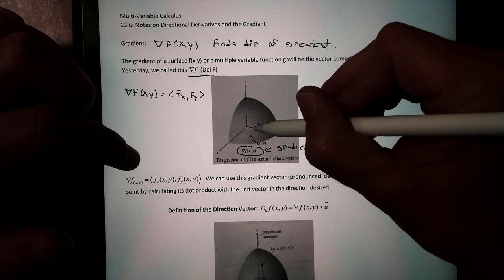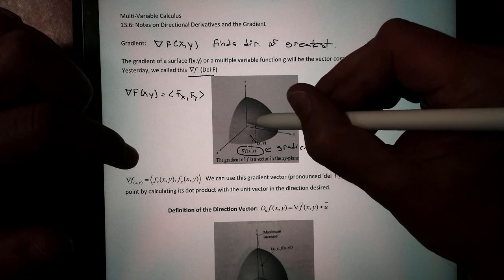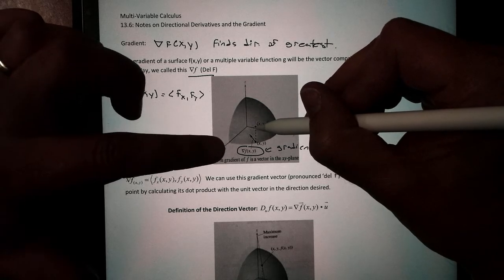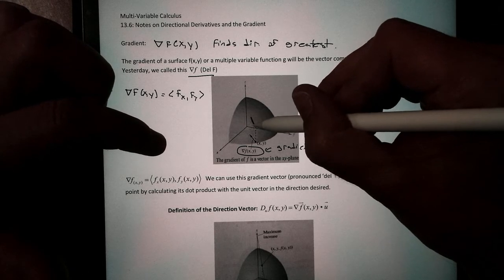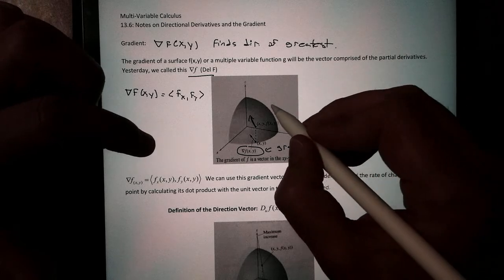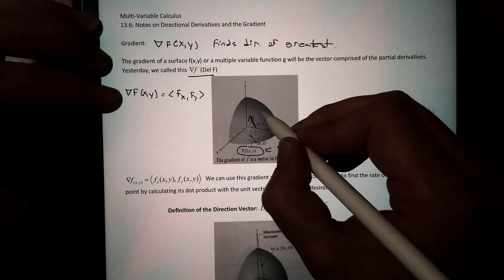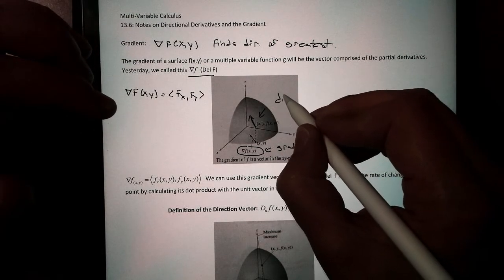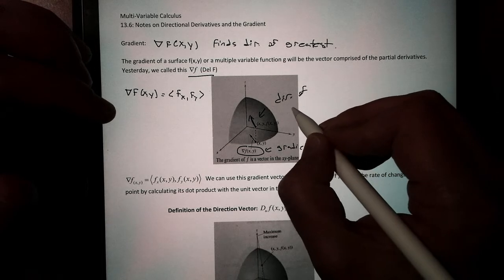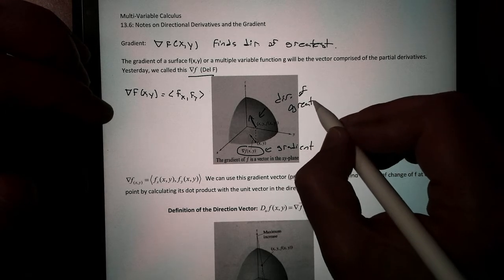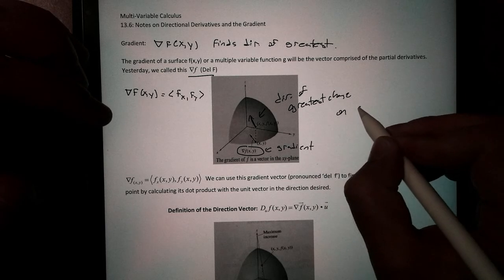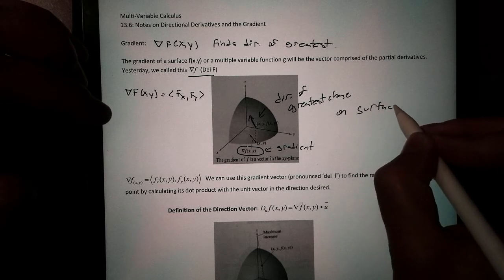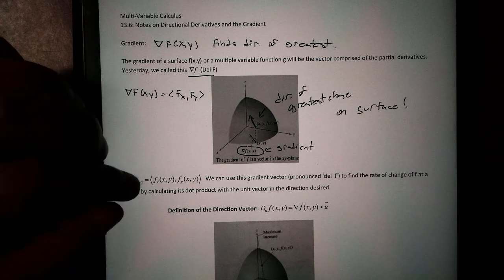But you've got to remember, we can't really head in that direction because we would be in the surface. So what it does for us is it gives us the direction on the surface itself. It's kind of hard to see, but remember we're standing on the surface right here. This is going to be the direction of greatest change on our surface. And that's what we are looking for today.